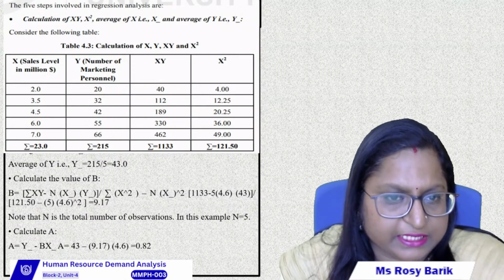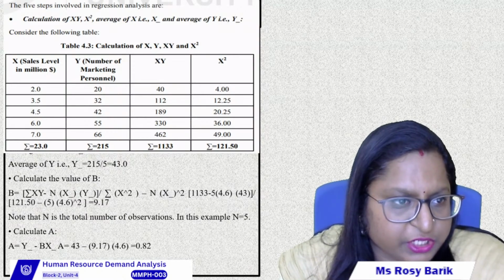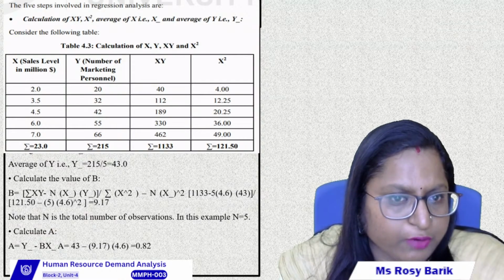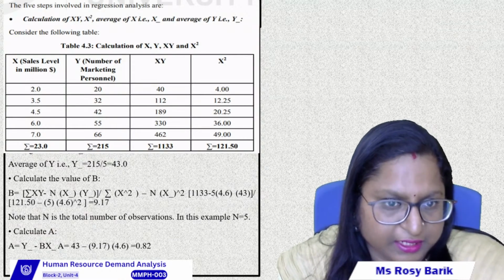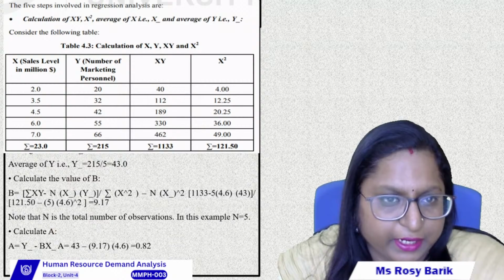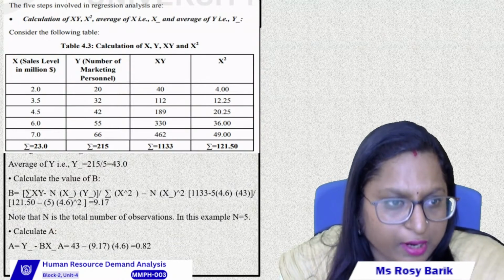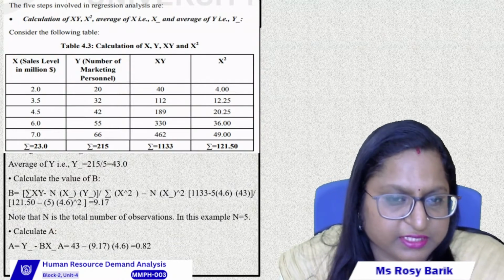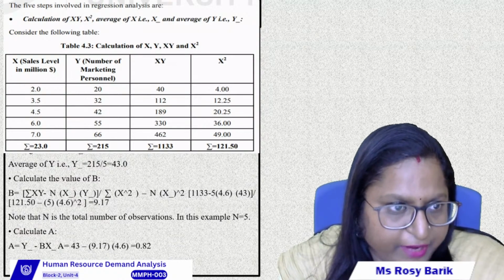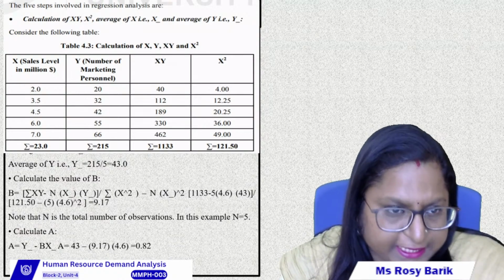So here the summation of xy is equal to 1133, that is given in the table, minus 5 into x bar. X average is 23 by 5, which is equal to 4.6.